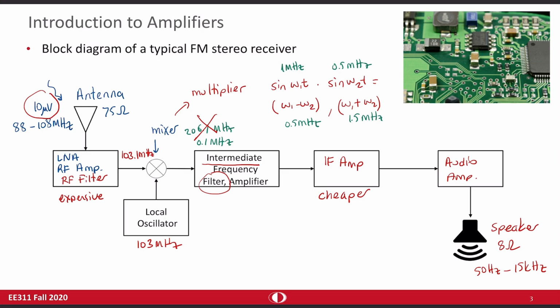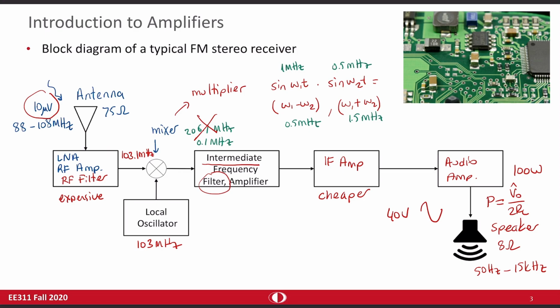At the output, let's say that you are using like a 100-watt speaker. If you back calculate, if it is 100 watt, power is Vout squared divided by 2RL. This means that the signal at the output is like 40 volts.